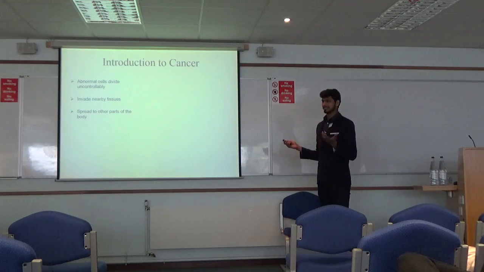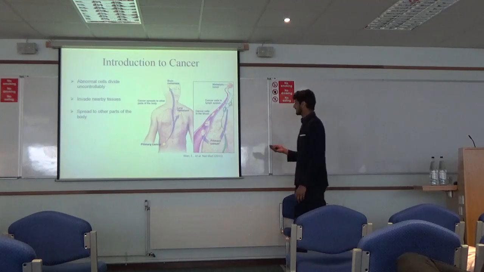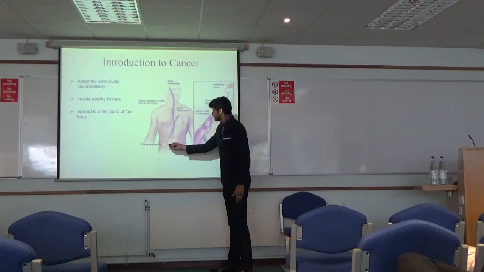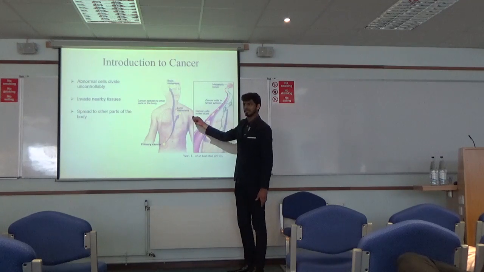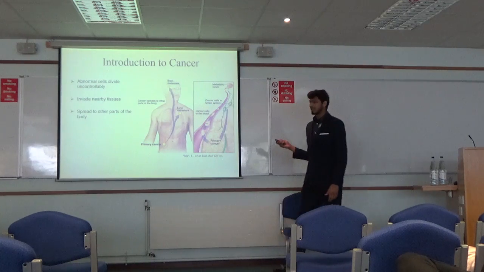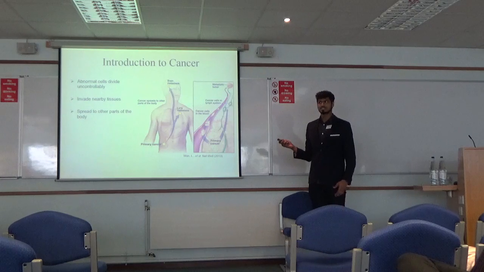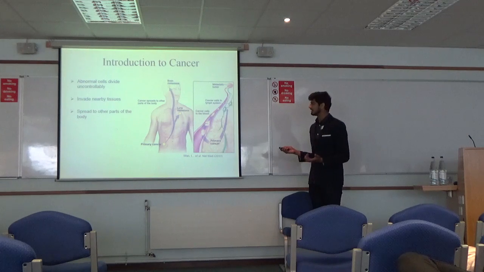The spread itself is called metastasis. This diagram shows that it started from the intestines, then spreads to the lung and then to the brain, and that's called lung metastasis. And that's the main cause of mortality because there's really no proper treatment to stop cancer at later stages.